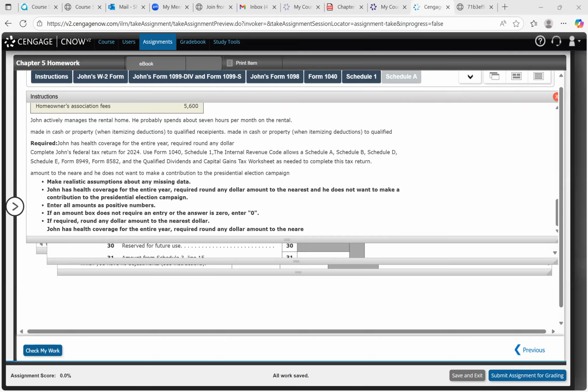And so basically, you can utilize this form to see what portion of the taxes are based on different tax rates.